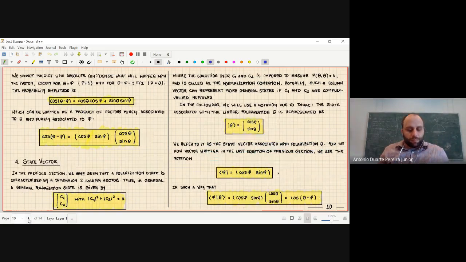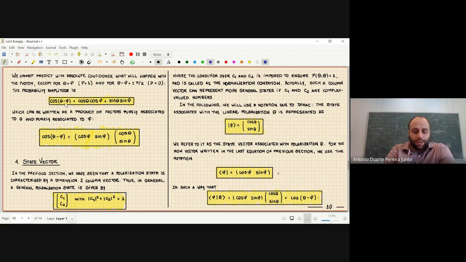Well, you see that this is elementary trigonometry. So the cosine of theta minus phi I can write as cosine of theta times cosine of phi plus, because this is a minus sign, so plus, sine of theta times sine of phi.